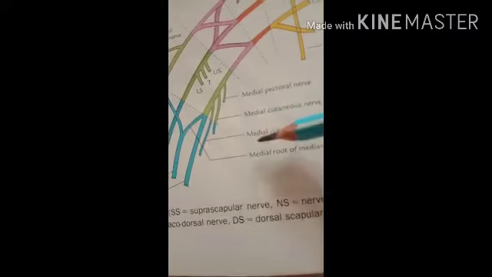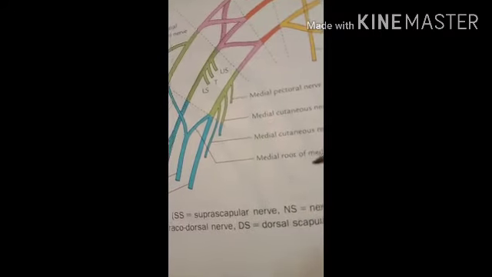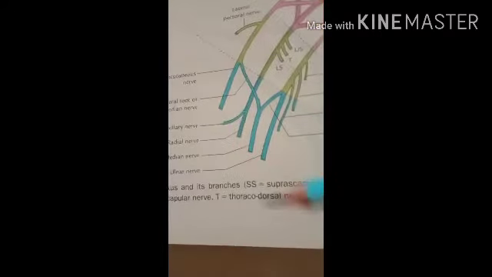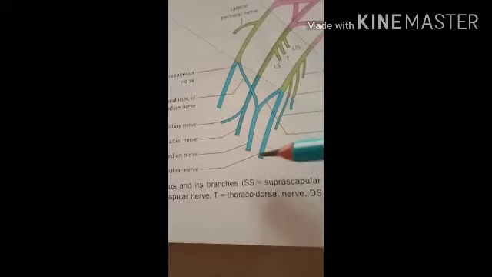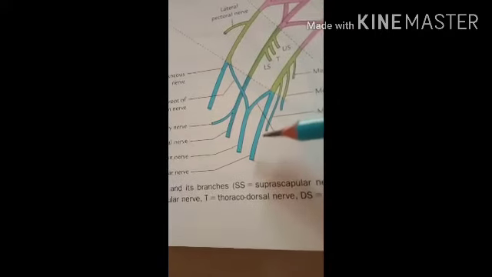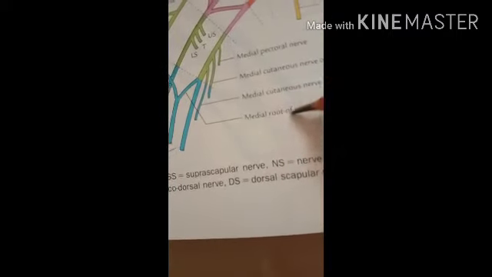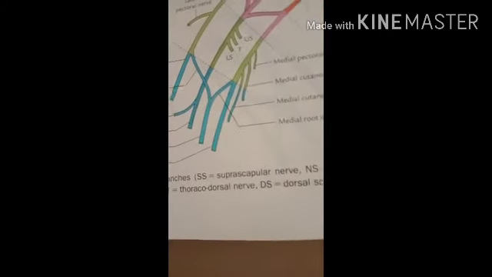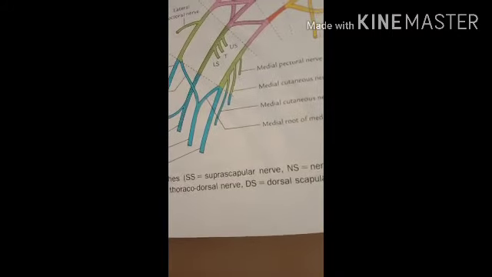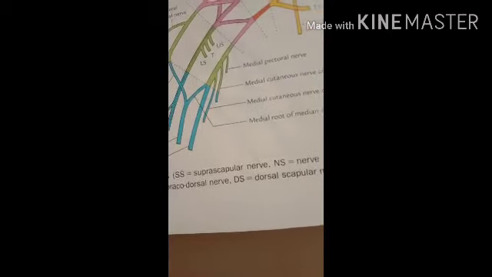Next to it is the ulnar nerve. And the last one is the medial root of the median nerve. So these are the branches given by the median cord.